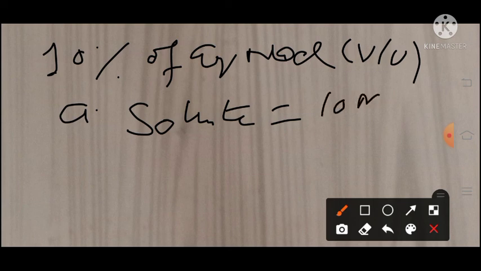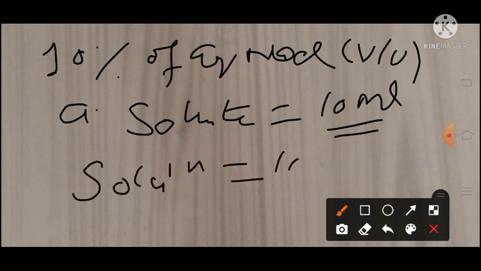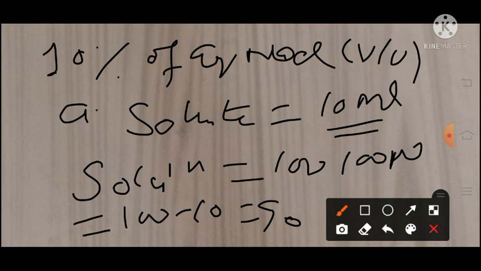The solute, the amount of sodium chloride in terms of volume, equals 10 milliliter, and the volume of solution equals 100 milliliter. Now the volume of solvent equals 100 minus 10 equals 90. So 10% aqueous solution of sodium chloride V by V means 10 ml of solute, sodium chloride, 90 milliliter of solvent, water, and 100 milliliter of solution.